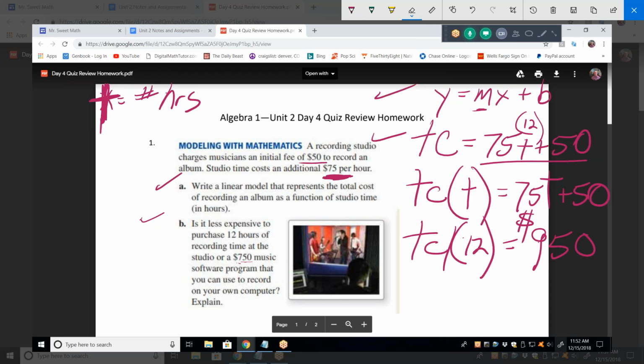We've already solved that TC of 12 equals 950. So if I say, how many hours would it be before this cost reached 750, what do I have to do? Plug it into your calculator? Well, tell me what to write first, and then we'll plug it into our calculator.